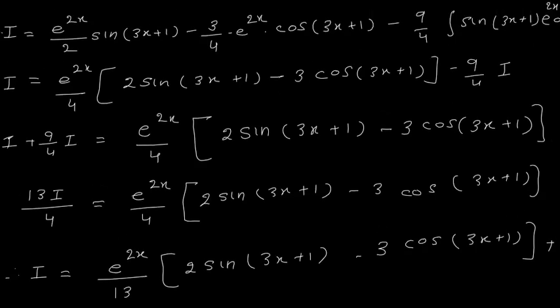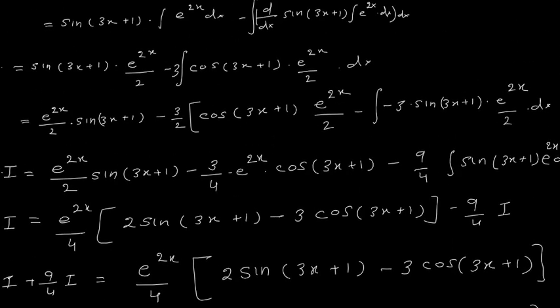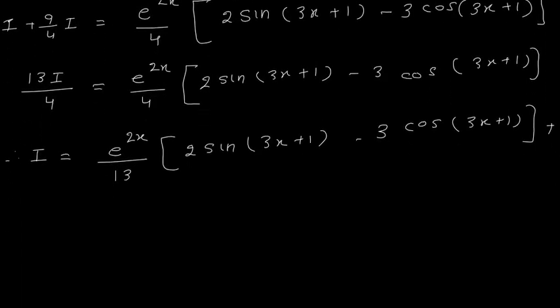This is my final answer. Okay, so I is equal to e power 2x upon 13 into 2 sin 3x plus 1 minus 3 cos 3x plus 1 plus c.